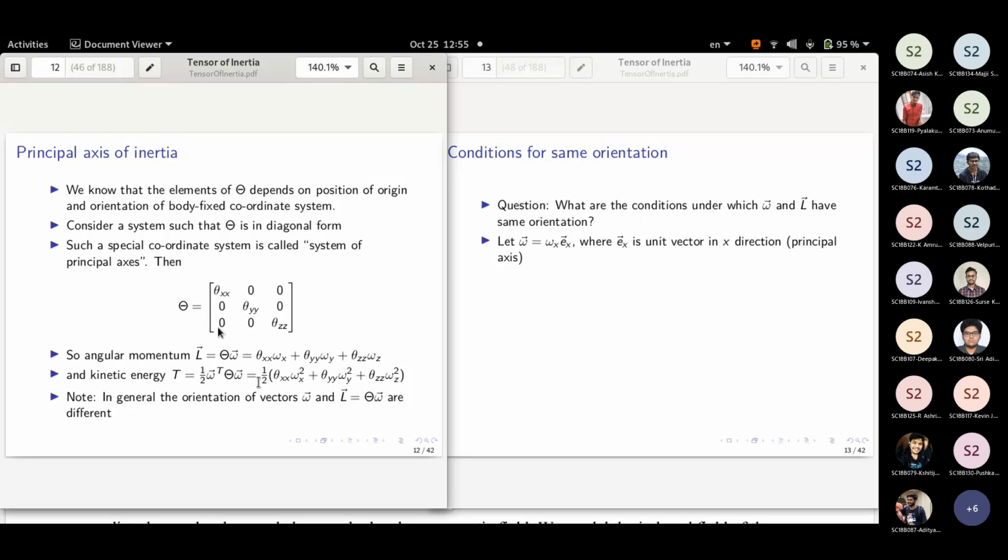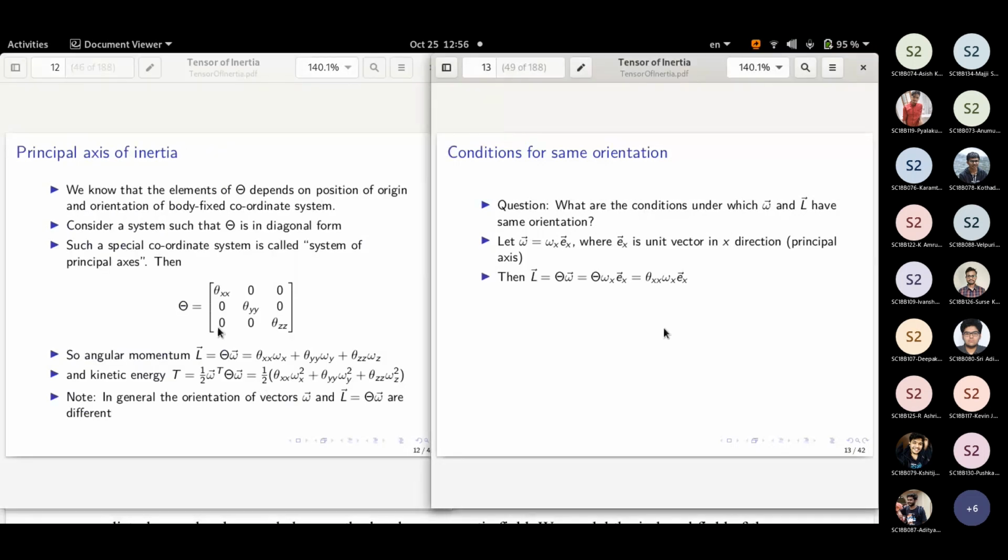If omega is omega x times ex, where ex represents the x-axis, then the angular momentum vector is theta times omega x ex, which is nothing but theta xx omega x ex, which means the directions of angular velocity and angular momentum are the same. Similarly, you could do this for Ey and Ez.